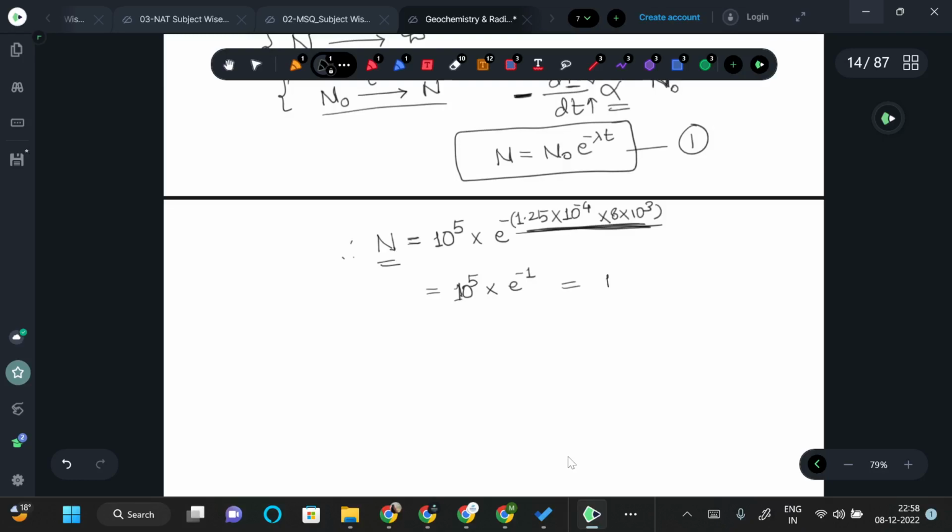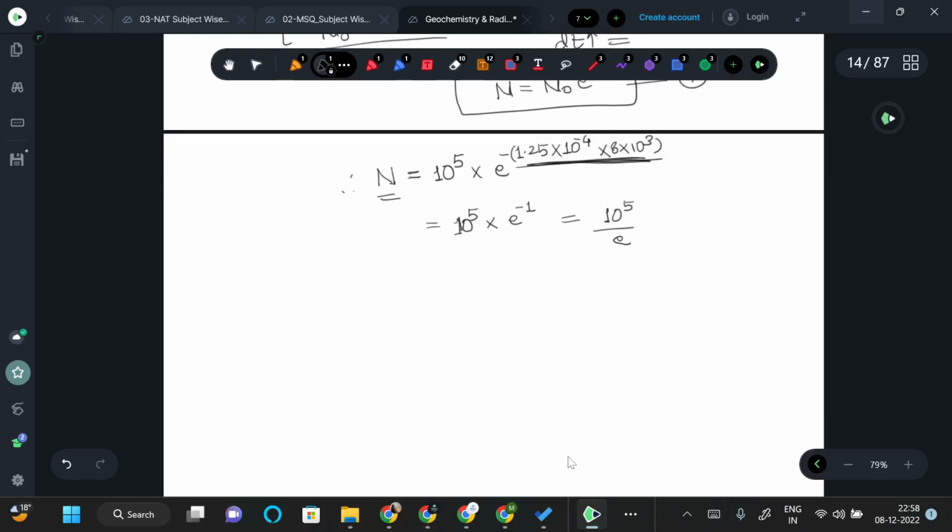That means n is 10 to the power 5 divided by e. Now let's take log base 10 both sides, because that is what we require. That is why it is asked in log base 10, because it is coming out to be in this form. So on both sides, it becomes log base 10 n. This we need to answer, okay?